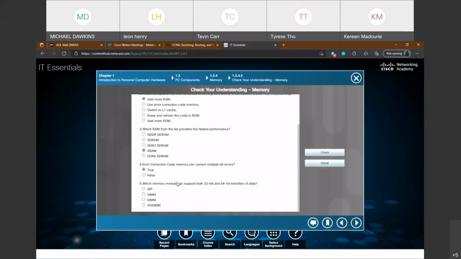Going with it. Which memory module can support both 32-bit and 64-bit transfers of data? I remember that one. I think it's SODIMM. You said what? SODIMM. Okay, you're sure?